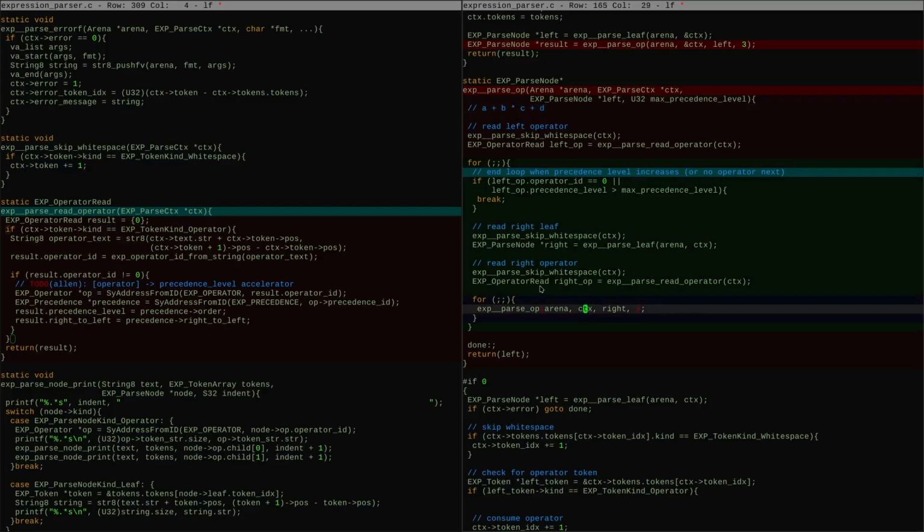So we say, hey, will you parse this? But now take right, this thing we picked up here, as the piece that needs to be the left-hand side of your chain. And limit your chain by this max precedence level to the right operator's precedence level. I don't want you to go any higher than that.